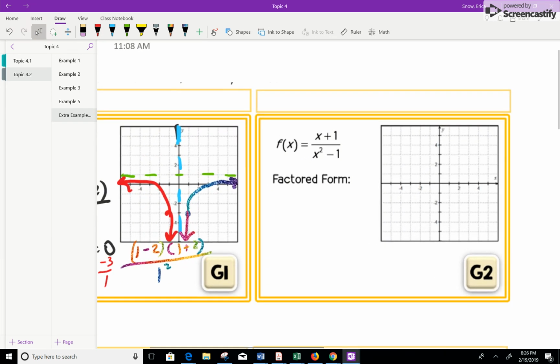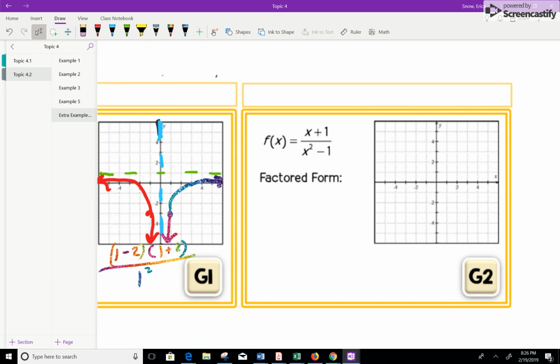Okay, now this next one is going to introduce a new concept for us. So first, we're going to factor it. We get x plus 1 over x plus 1 times x minus 1. And what you'll notice is that this part here matches this part here.